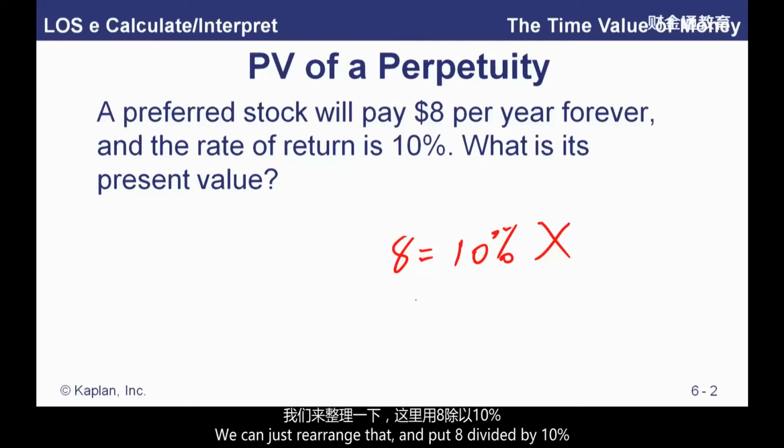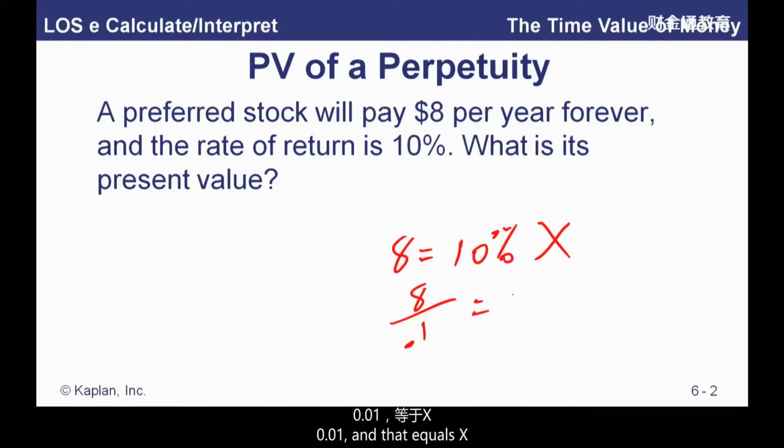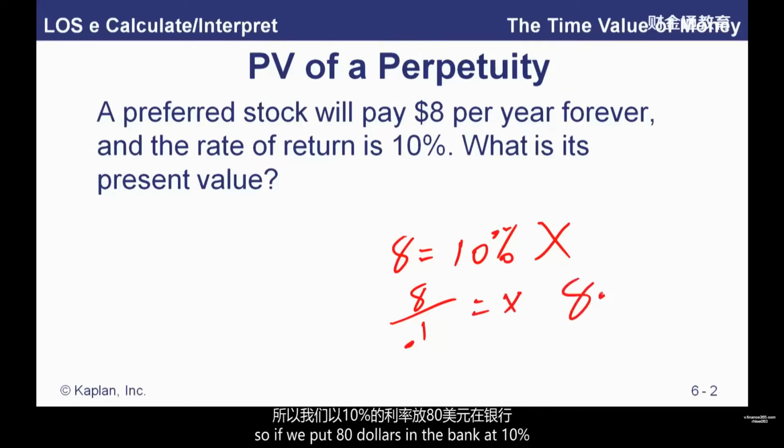Well, we could just rearrange that and put $8 divided by 10%, 0.1, and that equals X. So if we put $80 in the bank at 10%, we'd earn $8 in interest per year, and we could draw that out forever. So that's another way to look at this.